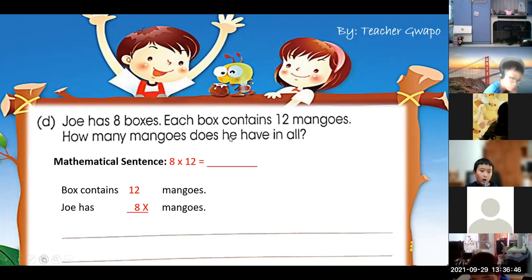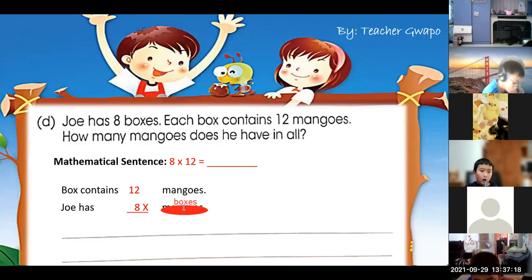So right here, this one is boxes, not mangoes. Let me cross it out. This one must be boxes, 8 boxes. Let me write here. So Joe has 8 boxes.